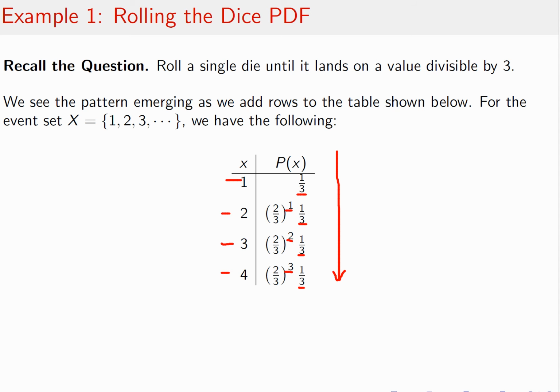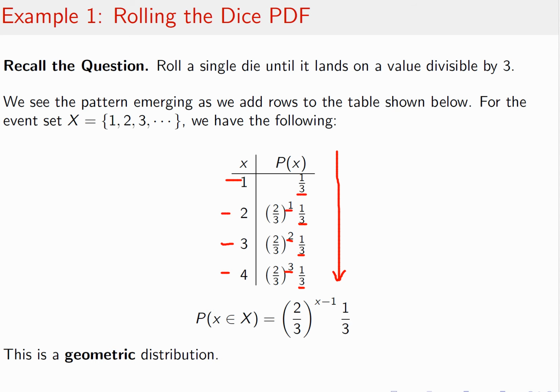And so with all of that said, we have a nice way to write this closed form solution. So here we're using capital X as the event set, all the possible outcomes that can occur. And the probability that I get a specific lowercase x in that set, right, is 2/3 to the X minus 1 times 1/3.